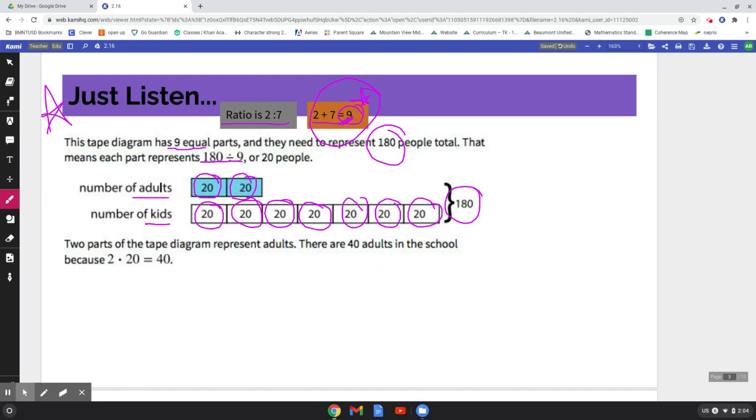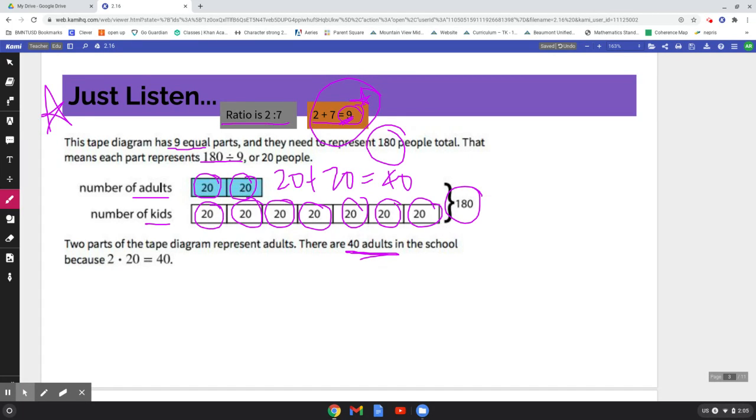So 2 parts of the tape diagram represent adults. Let's say that we were only focusing on the adults. Well, 20 plus 20 makes 40. So if I said how many adults are there, you would say 40 because 20 times 2 boxes is 40.